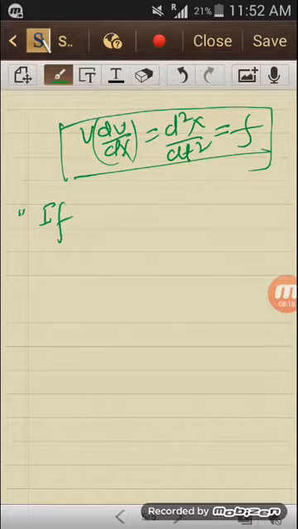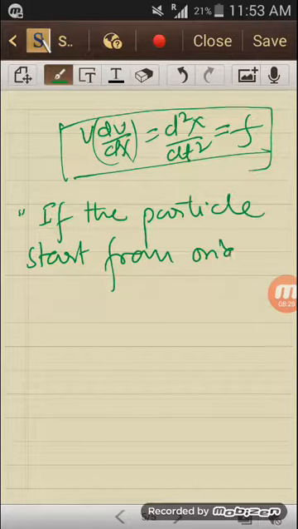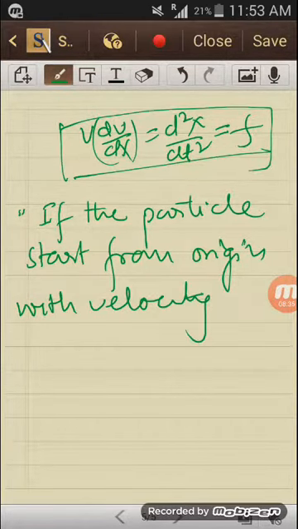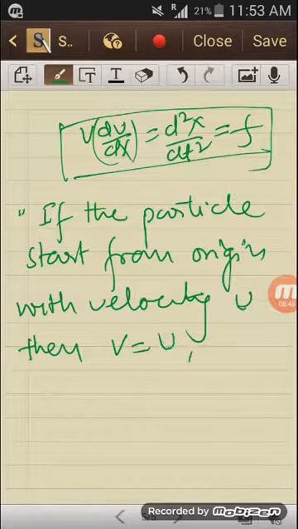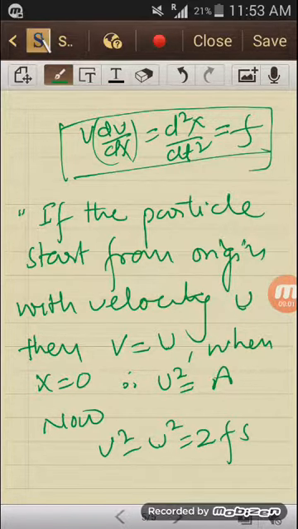If the particle starts from the origin with velocity say u, then v equal to u when x equal to 0, it has not moved yet. Now the equation becomes v² minus u² equal to 2fs. This is equation 5.